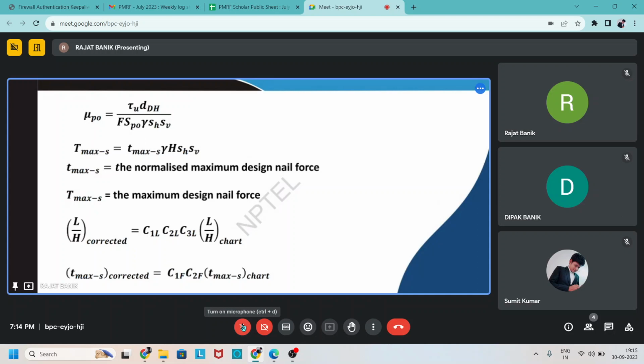Then we find out the normalized maximum design nail force, and then we find out the maximum design nail force. So T_max S is the maximum design nail force, and it is found by the normalized design nail force into gamma H into S_H S_V.